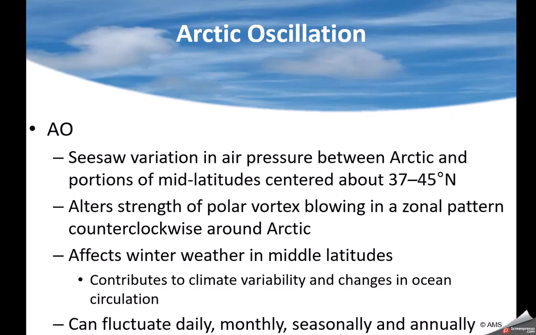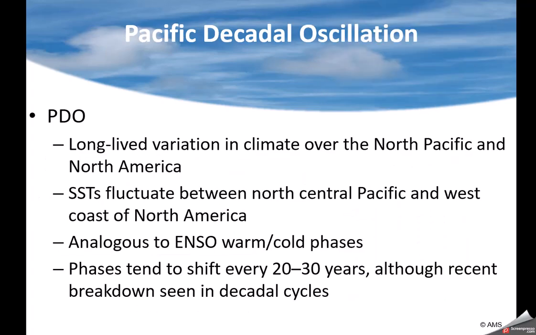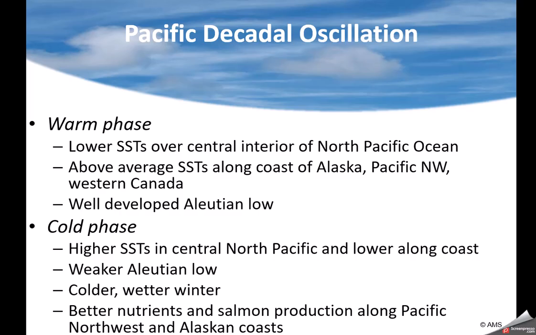When it's very, very intense, Arctic air stays over the poles, we don't get any in the United States, and we have a milder winter. If it stays a little bit weaker, we get more Arctic air coming down into the United States, and we can have a pretty cold winter. There's also a Pacific decadal oscillation, which is just another long-term phase that we will look at.